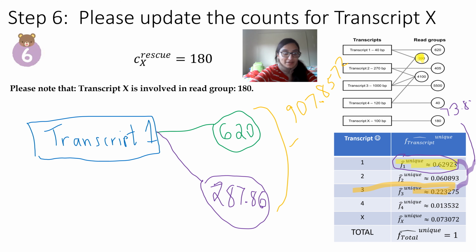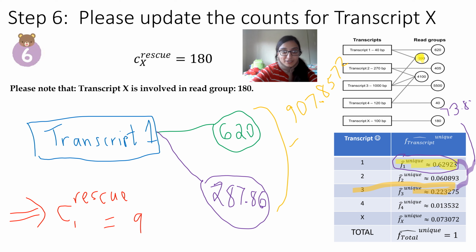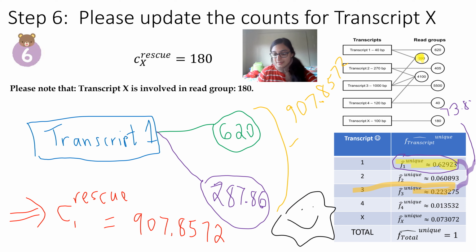So again, this comes down to us having, for transcript 1, the C1 rescue. We'll say that the updated counts for transcript 1 will be 907.8572. So that's how we get those updated counts. I hope that this will help you guys see so far. If there's nothing being shared, then we just assign that to CX Rescue.